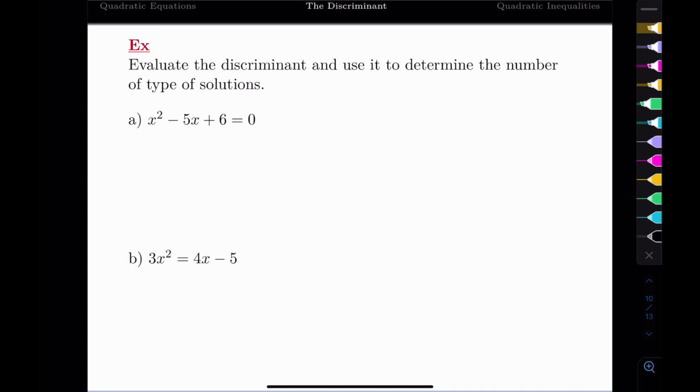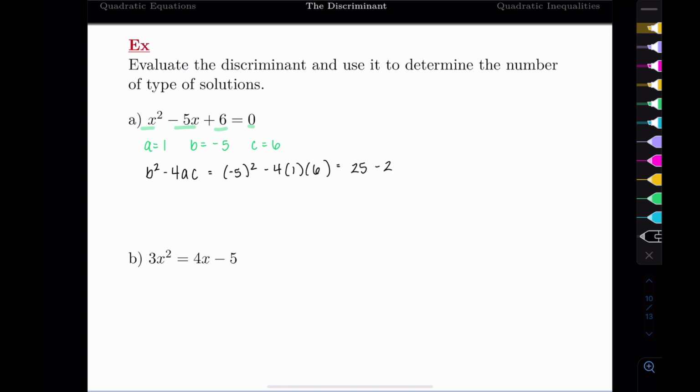So from here, I do have 0 on one side already, so I can go ahead and find my values of a, b, and c. Our value of a is 1. Our value of b is negative 5, and our value of c is 6. So plugging this into what's underneath the radical, b squared minus 4ac is negative 5 squared minus 4 times 1 times 6. Okay. So negative 5 squared gives us 25. 4 times 1 times 6 is 24.